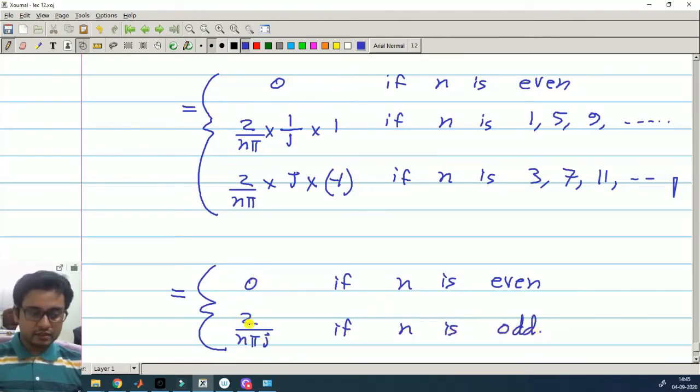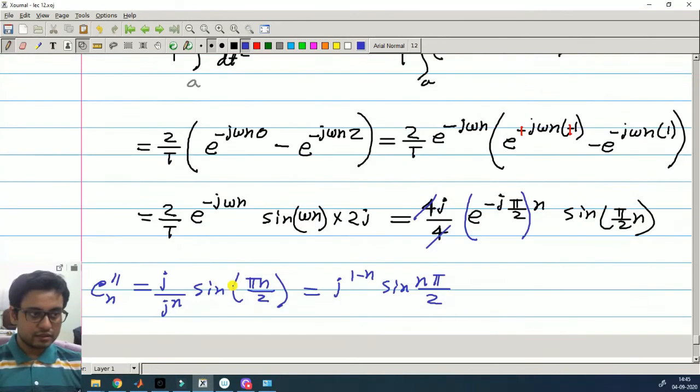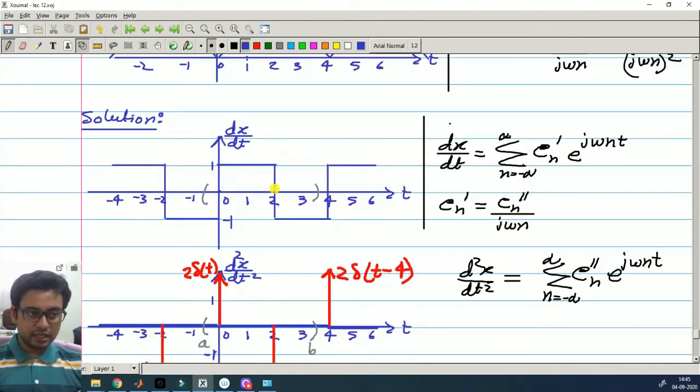That is the Fourier coefficients of dx/dt, this signal, this square wave. Now let us check our answer with what we got yesterday. Okay.